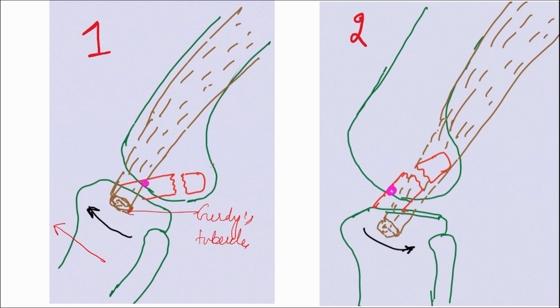Now here we will see that in extension the axis of the iliotibial tract passes anterior to the flexion extension axis. So what will happen? The iliotibial tract will pull the lateral tibial plateau anteriorly, meaning internal rotation of the tibia will occur in extension. Now in flexion what will happen?